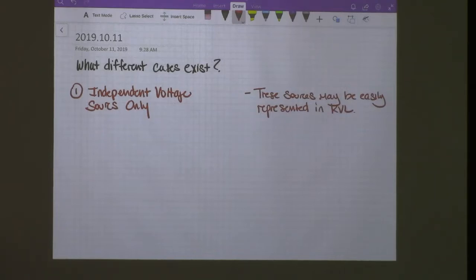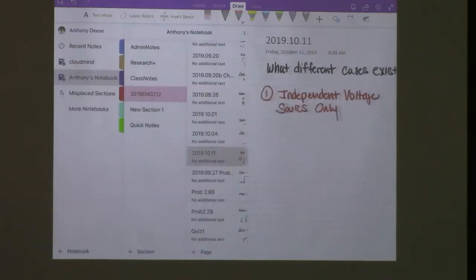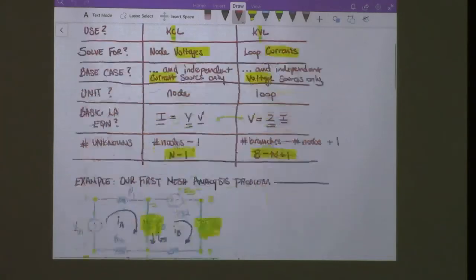This is going to be the basis, spelled that wrong, for a by-inspection method.